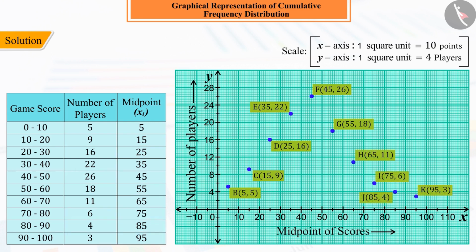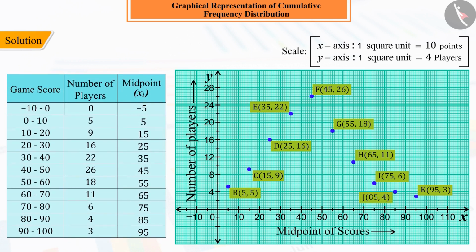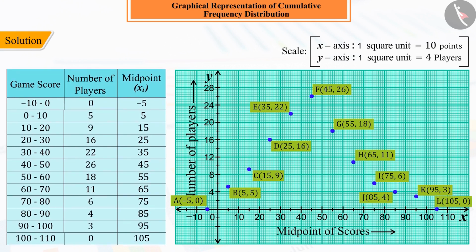But keep in mind that a point A represents 0 frequency, which comes in the class -10 to 0, just above the 0 to 10 class, at the midpoint of that interval, that is -5. And also plot point L, that is (105, 0), which comes just after point K, that is (95, 3).